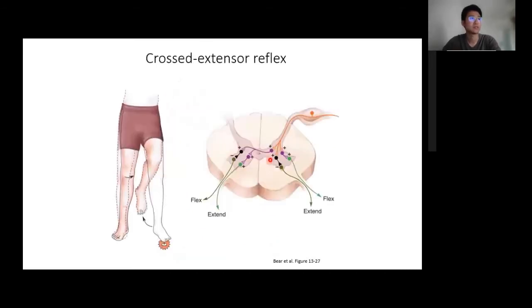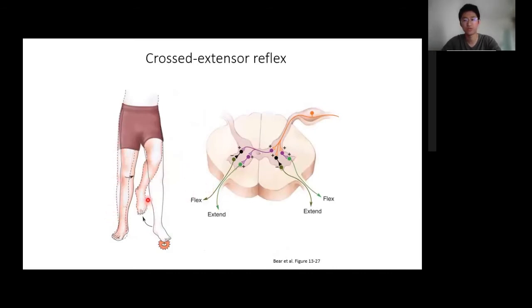But let's consider, you have a pain on the right side, but you have to do something with the other leg. If you don't do anything about this leg, you will fall.